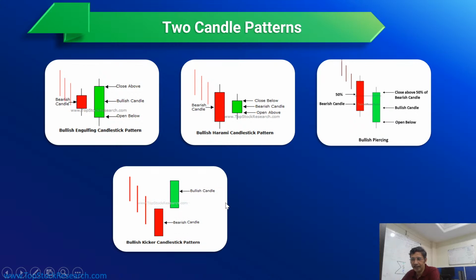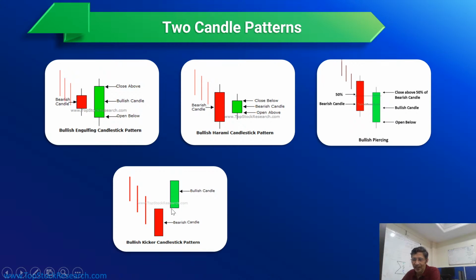The next one is a kicker pattern. Very similar. The price is coming down. The bears are completely in control. But the next day, the bulls start at a price very similar to the previous day's open, or slightly above it. So the close is somewhere here. The next day's opening starts here and closes above this point.